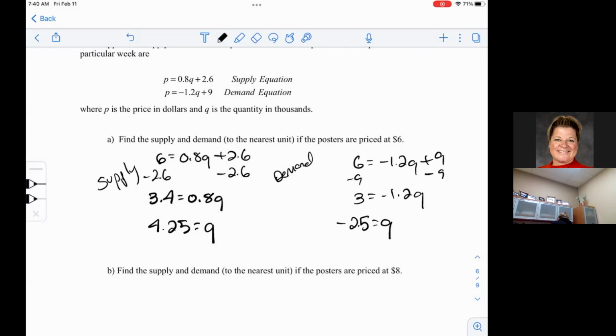So the next part asks the same thing with different numbers. I wonder, we're only making 4 posters, but that just doesn't seem right.